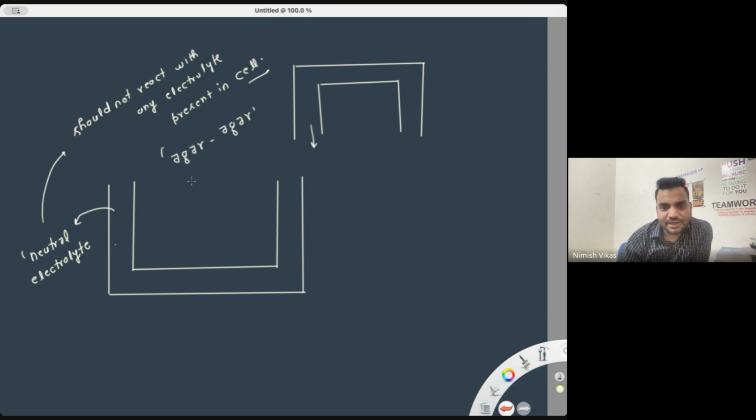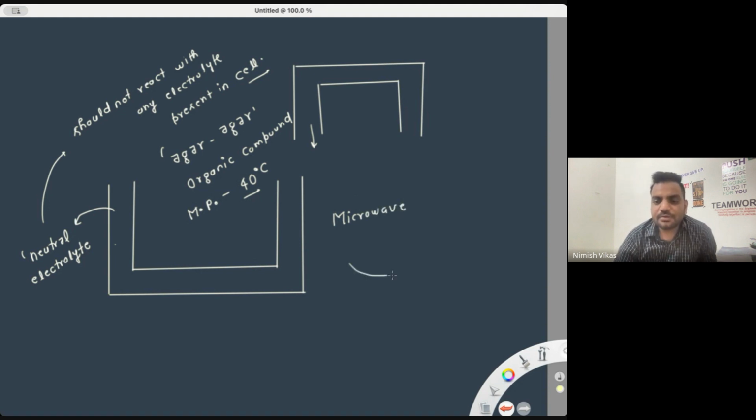This one is an organic compound. And the feature of this compound is its melting point is around 40 degrees Celsius. So what we can do? We can take agar and put it in the oven, microwave.